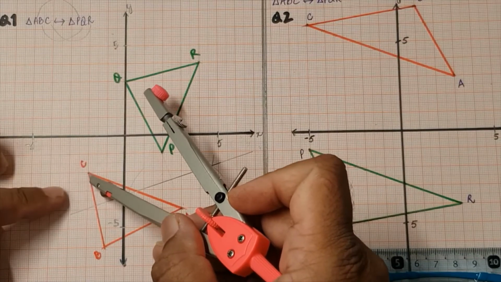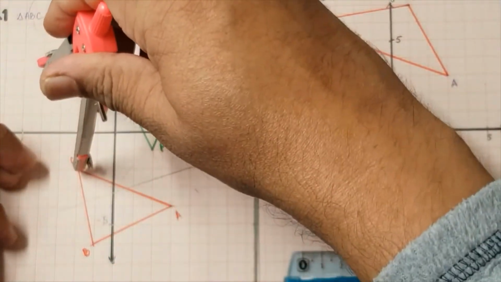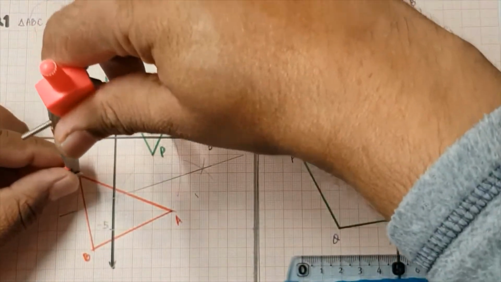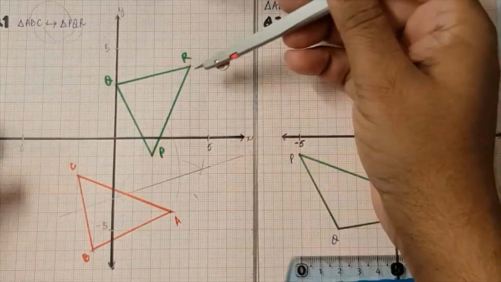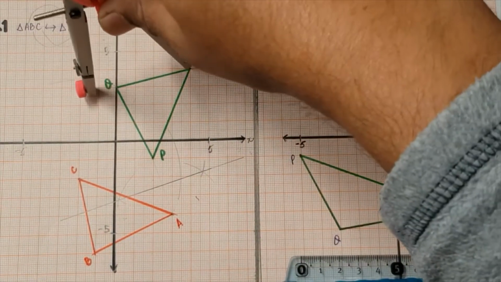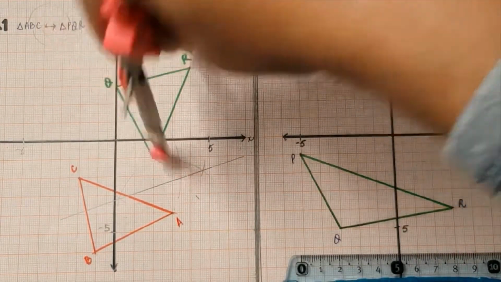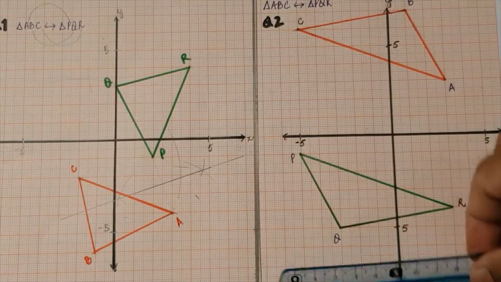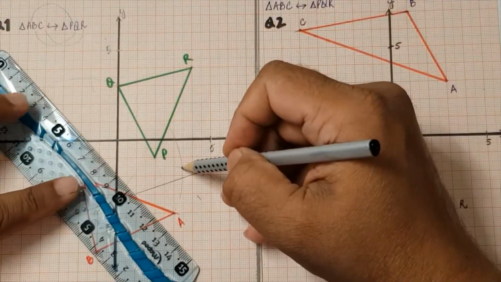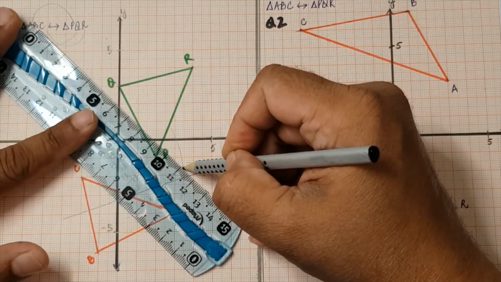So from point C, I will draw an arc here and one arc here. Then from point R, I want to intersect these two arcs here. Now I want to join these. That will give us the second perpendicular bisector between C and R.